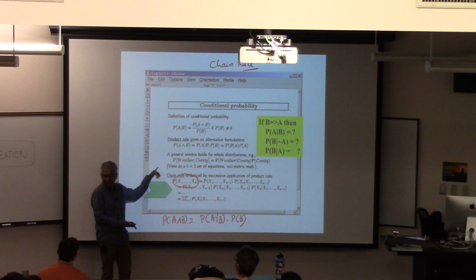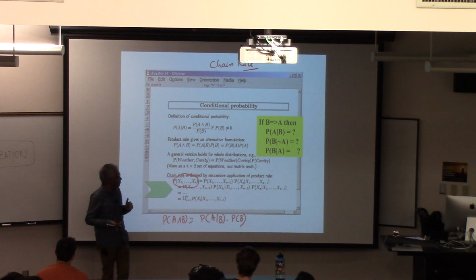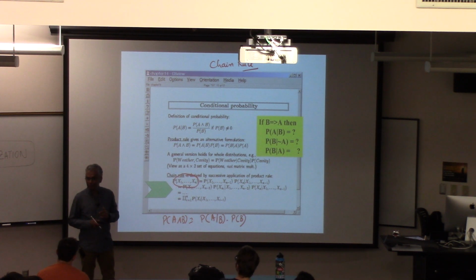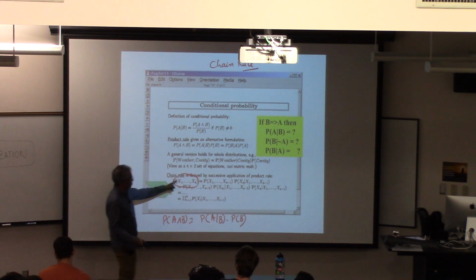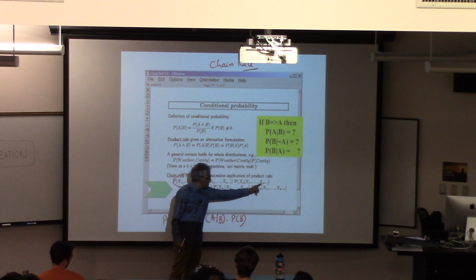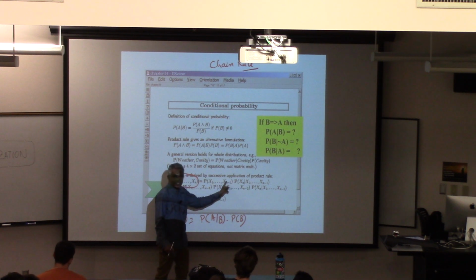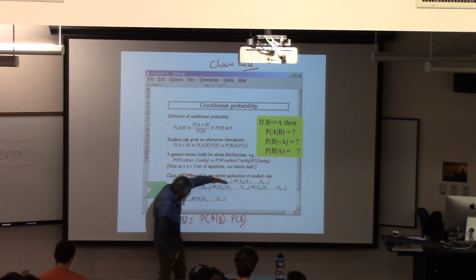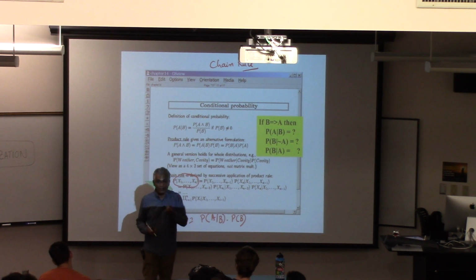You see what I'm saying? This is the chain rule. Basically, I just wrote here that probability of x1 to xn is probability of xn given x1 to xn minus 1 times probability of x1 to xn minus 1. Which now you can use and apply the chain rule again, until you will be left with one probability.